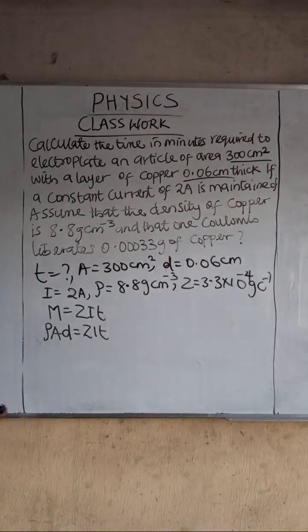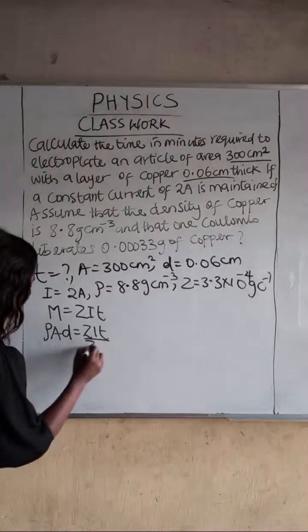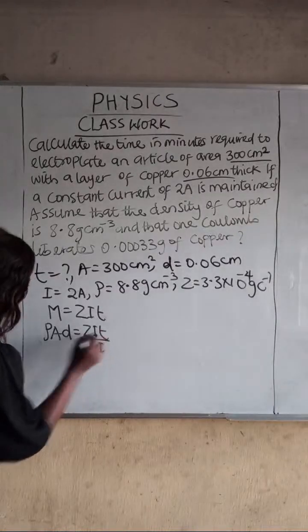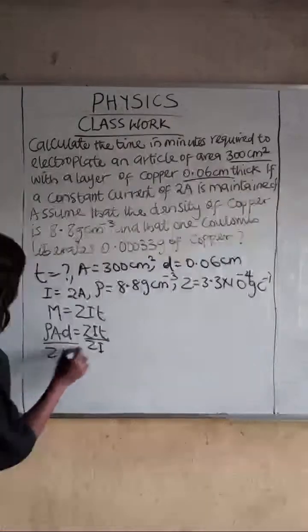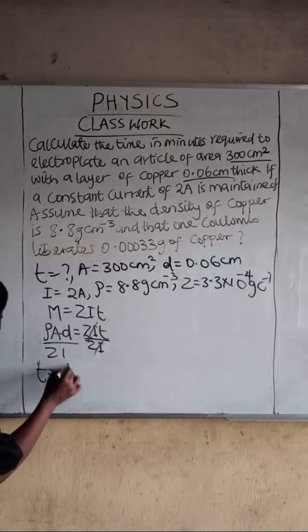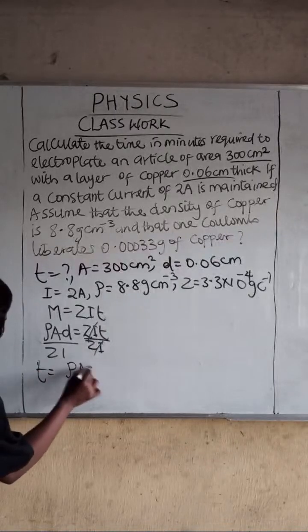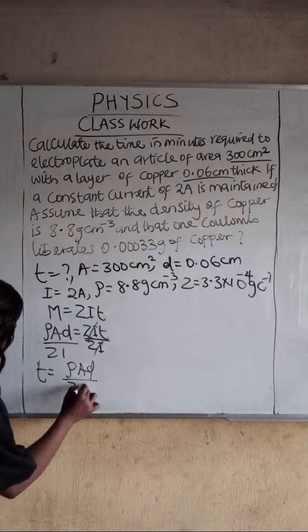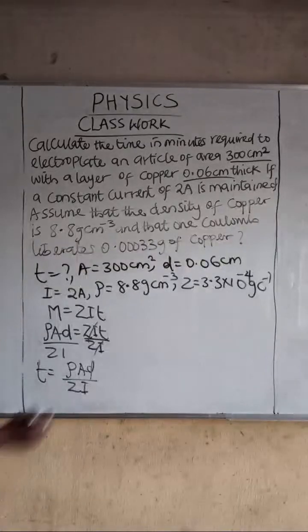And we're looking for time in minutes. So let's first solve for the time in seconds before we convert the time in seconds to minutes. Okay? So if I'm looking for time, I divide both sides by what? ZI. This cancels this. So my time is equal to density times area times thickness, all over ZI. Right?